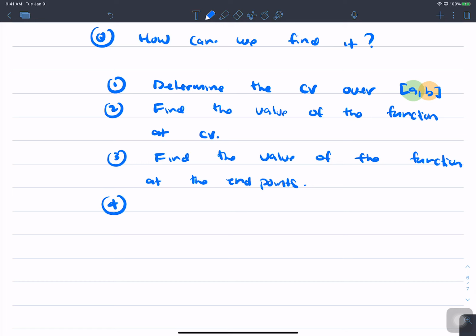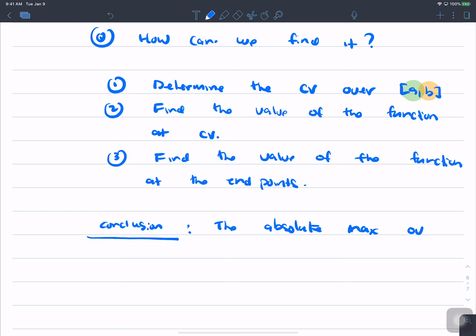And here's your conclusion. Here's what this really means. Once you've done that, here's the conclusion. The absolute max over the interval is the largest value in steps 1, 2, and 3.